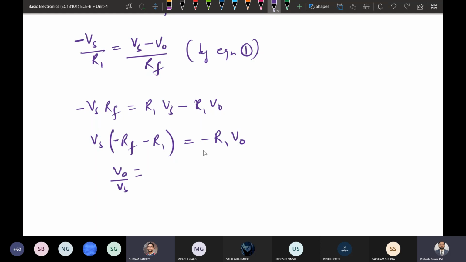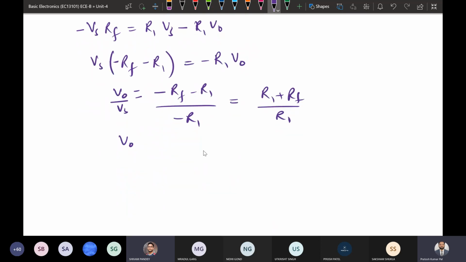So from there, if we find out V0 divided by Vs, it will be minus Rf minus R1 divided by minus R1. So from there it is R1 plus Rf divided by R1. So from there V output divided by Vs will be equals to 1 plus Rf by R1.